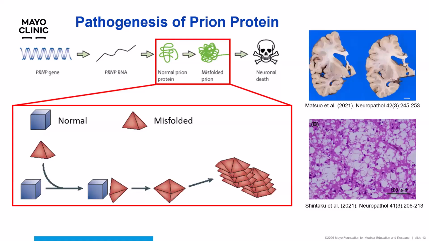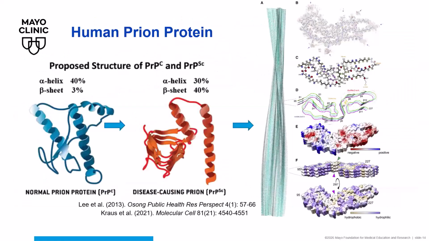And this can undergo cycles and almost becomes exponential in the brain. These misfolded proteins generate large fibrils, which are destructive to the neurons and thus trigger the spongiform-like appearance on histology. The misfolded form is called the scrapie protein, or PrPSc, which is the pathogenic component of this disease.